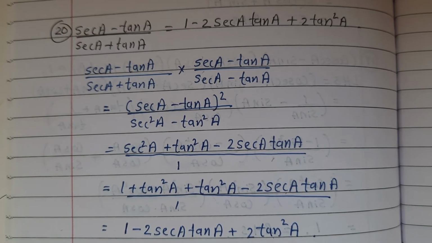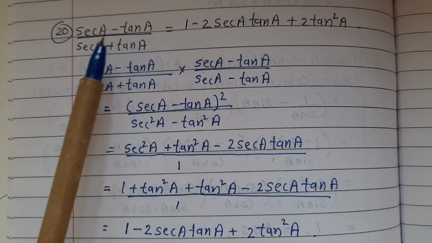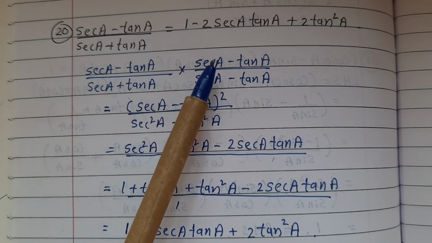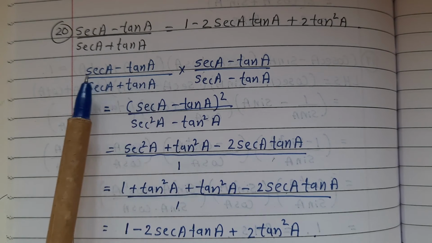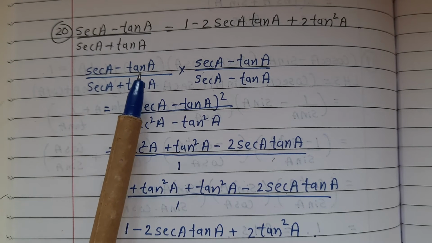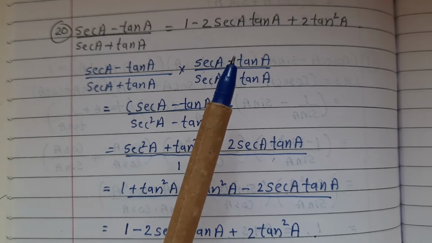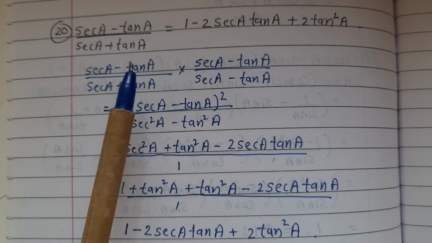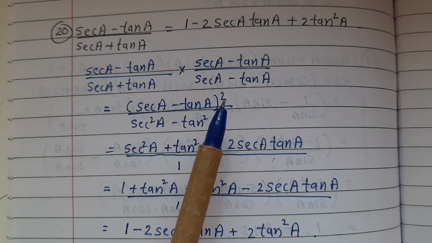Sum number 20. Left hand side is equal to sec A minus tan A upon sec A plus tan A. Multiply and divide by sec A minus tan A to the left hand side. So we get sec A minus tan A upon sec A plus tan A into sec A minus tan A upon sec A minus tan A. Here sec A minus tan A into sec A minus tan A, so sec A minus tan A the whole square.